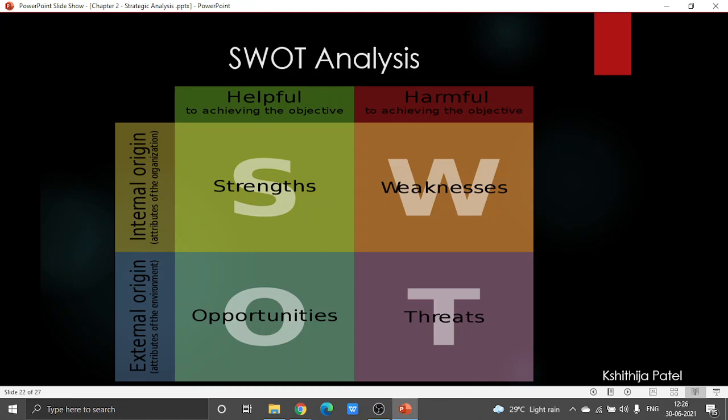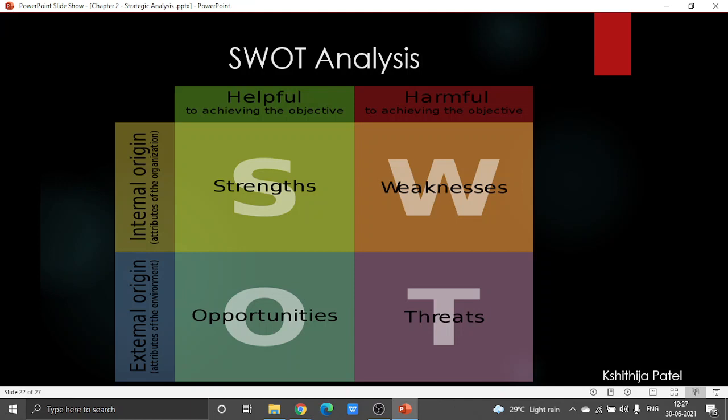On the x-axis, you have two elements: those which are helpful for the organization in achieving its objective, and those which are harmful. Strengths and opportunities represent the elements which are helpful, and weaknesses and threats represent elements which are harmful.